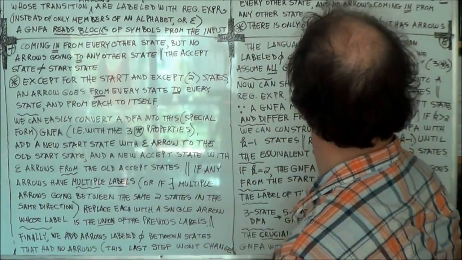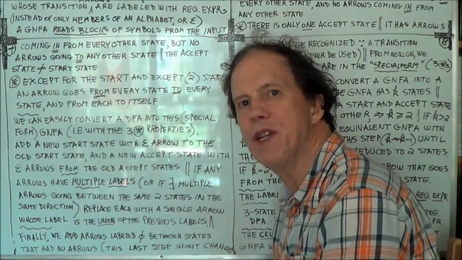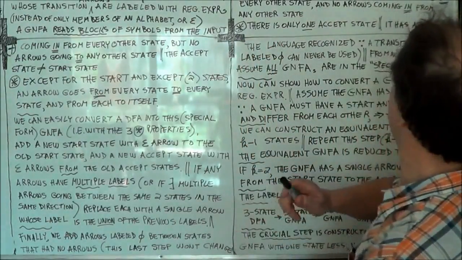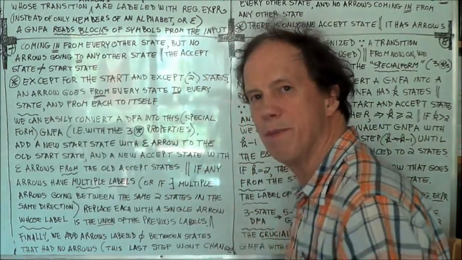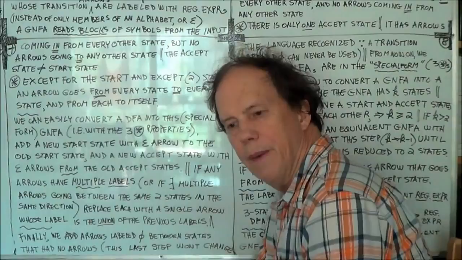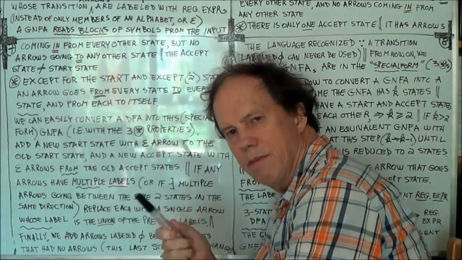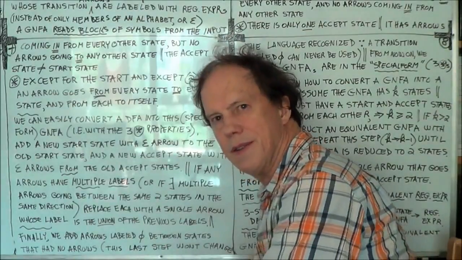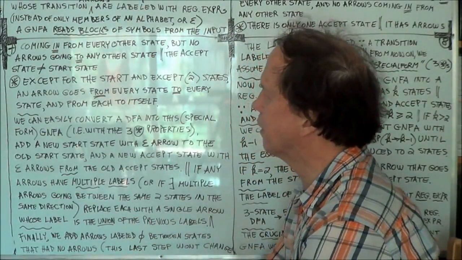He calls such a GNFA special form. A special form GNFA: the GNFA that has these three constraints imposed on it. Okay.